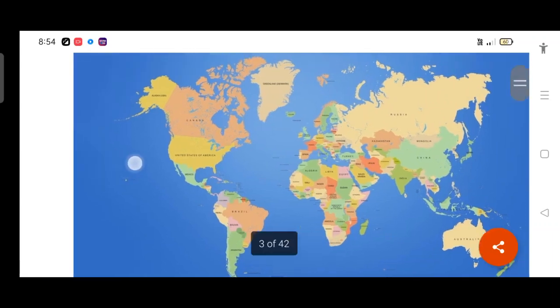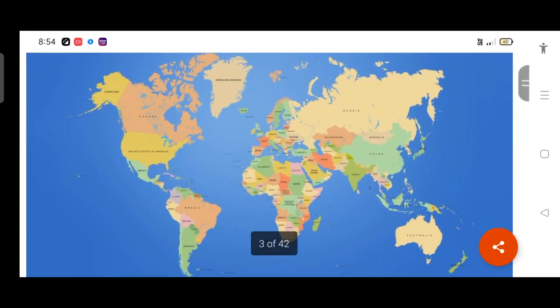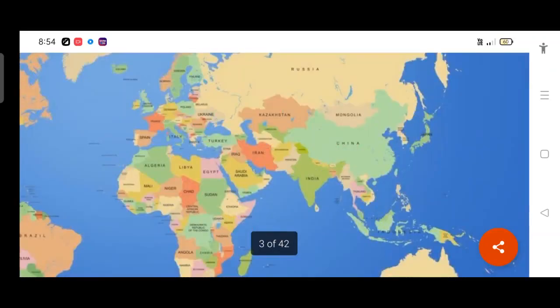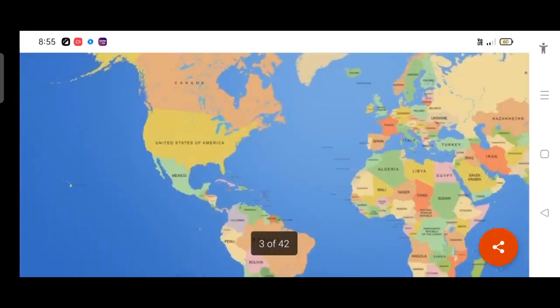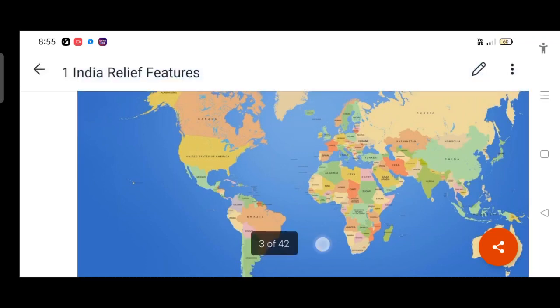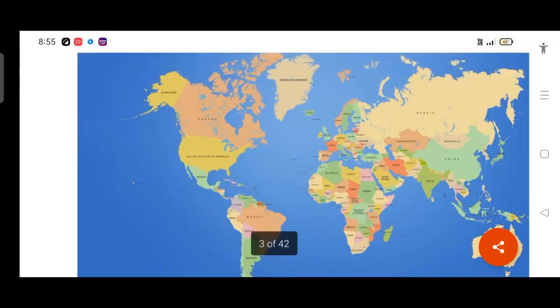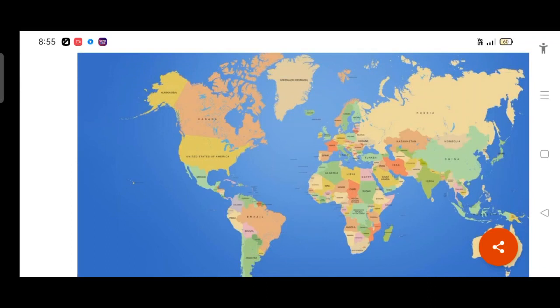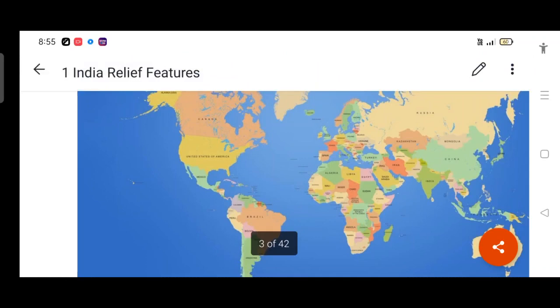From the middle of the earth, a line passes. This line is called the equator. This equator divides the earth, or the entire globe, into two parts. Which are the parts? First one, the northern hemisphere, second one, the southern hemisphere. What is located in the direction of the north is called the northern hemisphere, and what is located in the direction of the south is called the southern hemisphere.